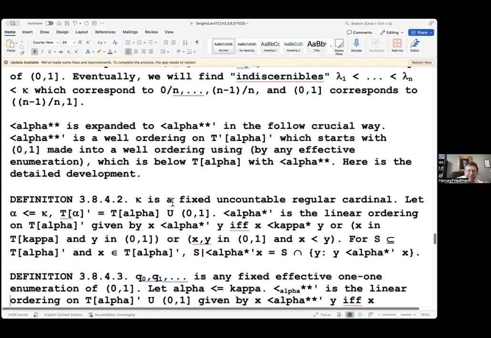But the tricky point is how do I change the double star relation? Remember, that's supposed to be the double star ordering, that's supposed to be well ordered. Well, now the well ordering relation is going to be, the stuff that I put on top, I put in front.